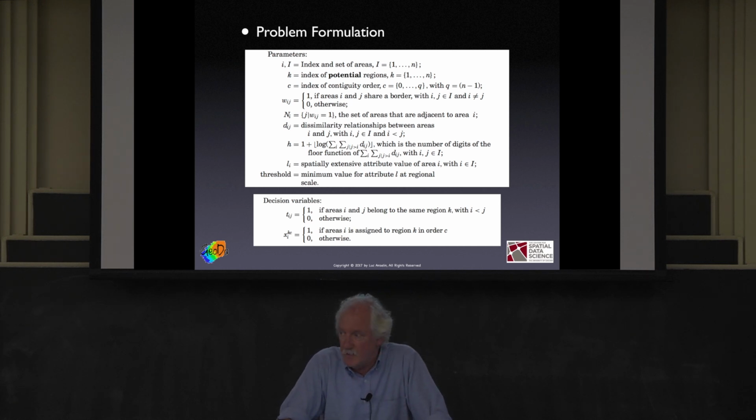So that's the C. And C can go up to Q, that's the maximum, which is n minus 1. Then we have our weights matrix, Wij. We have capital N, which is for each location, the set of areas that are adjacent. So basically that's a row of your weights matrix, but with the zeros taken out, right? Then we have the Dij, which is the same Dij we always have, the dissimilarity.